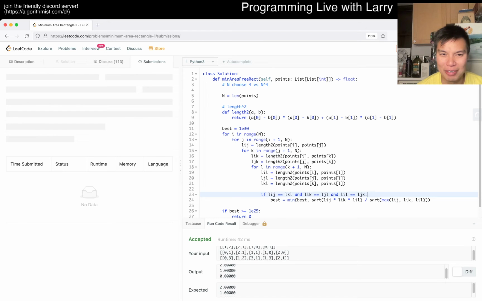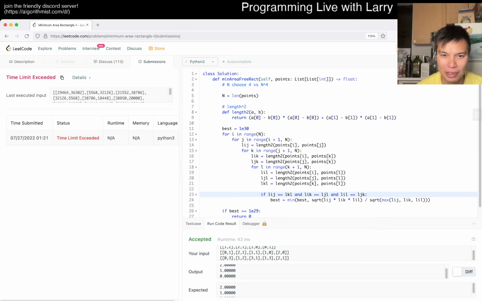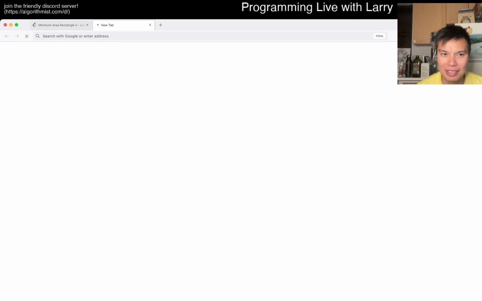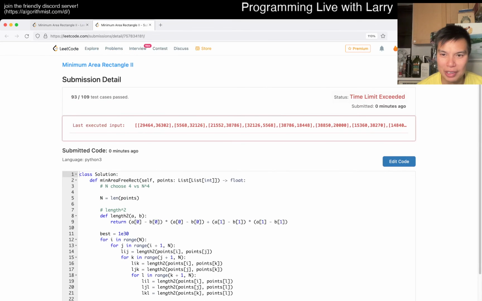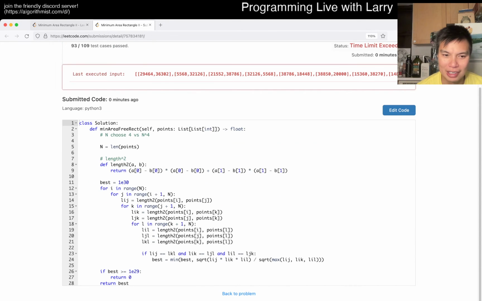Maybe if it's too slow, I have to use another language, because I think this is going to be super good in C++. I think the square root maybe is an issue, to be honest.